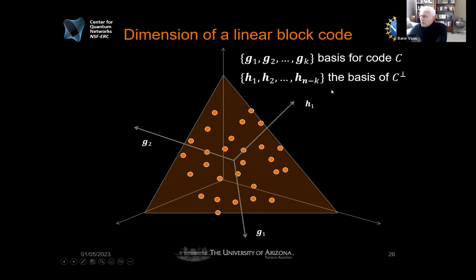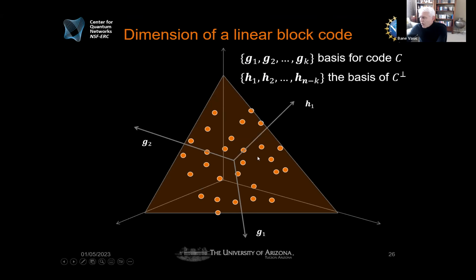And then the dual code. The basis vectors of a code C are rows of the generator matrix, and the basis of a dual code are vectors H1 and so on, vectors H of a dual code. In our illustration, there is just one dimension for this dual space for H.